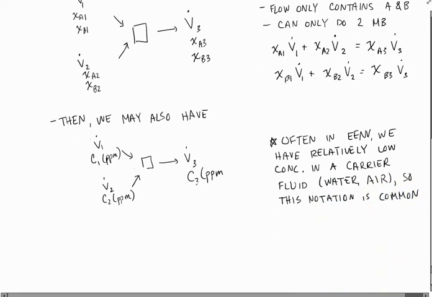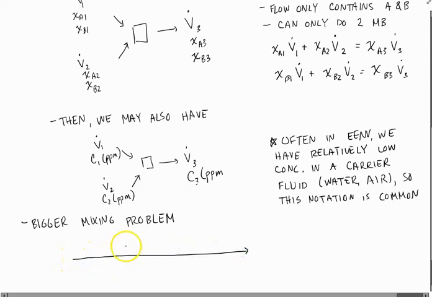So next, I have a more complex mixing problem. We're going to use the exact same principles that we used in our first example, except that we have more equations, more unknowns, but the principles are the same. So here I have some sort of pipe network with a whole lot of mixing joints.